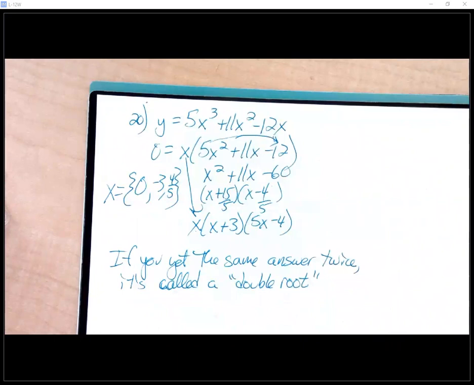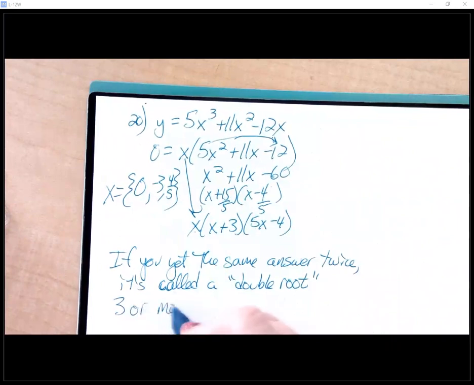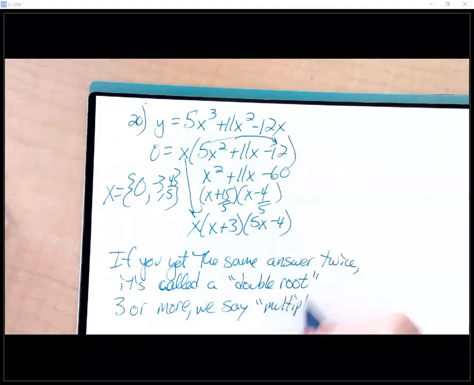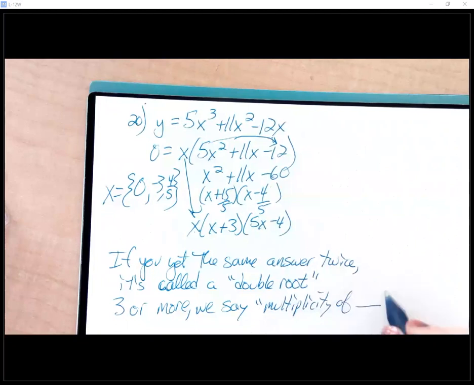And then we wouldn't call it a double because double is only if you have it twice. So if it happens multiple times, we literally use this fancy word called multiplicity. So twice it's called the double root. 3 or more, we say multiplicity of whatever, however many number of times it pops up.